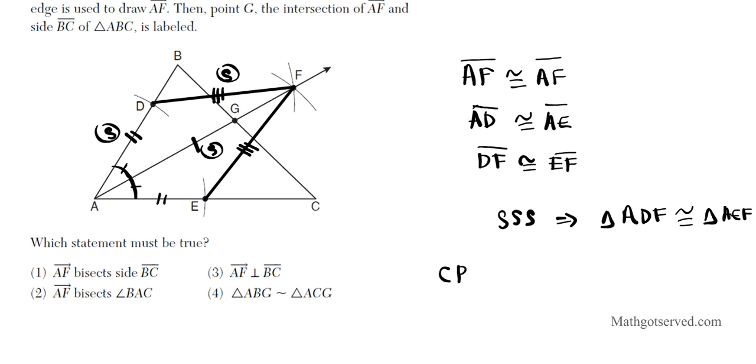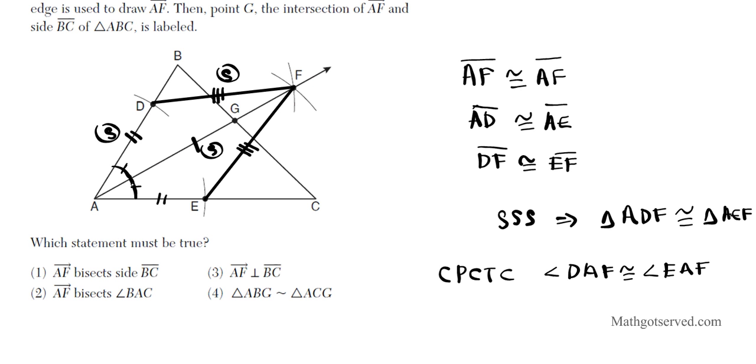We know that corresponding parts of congruent triangles are congruent, so it follows that this angle, let's call it DAF, angle DAF is congruent to angle BAF.